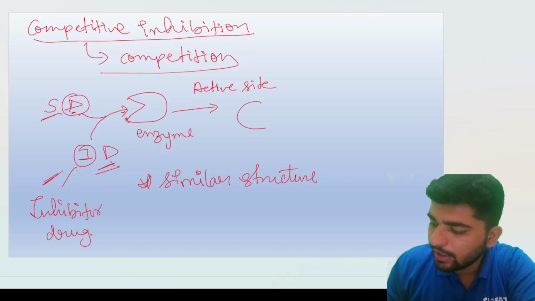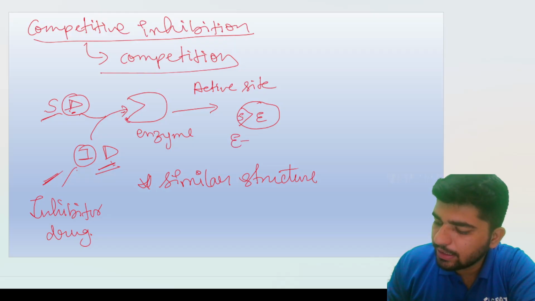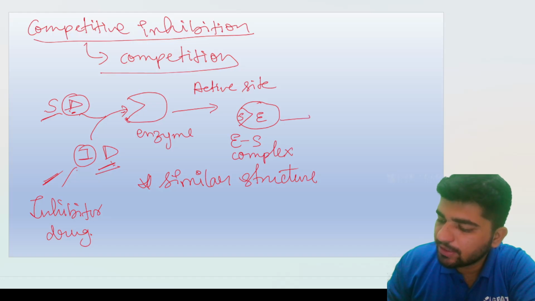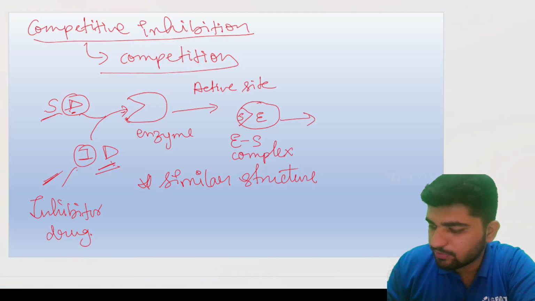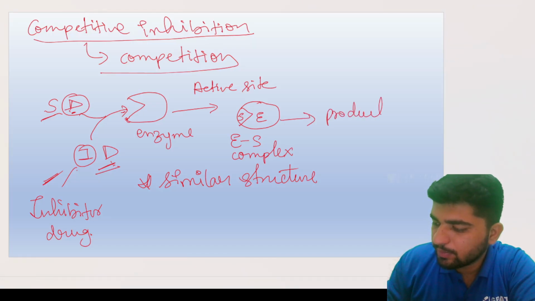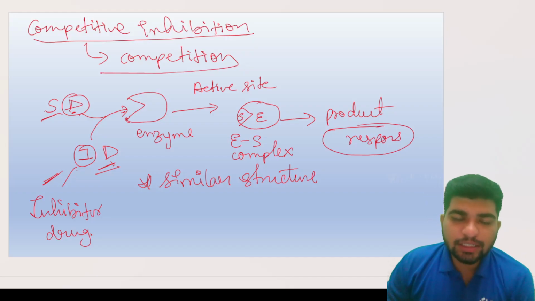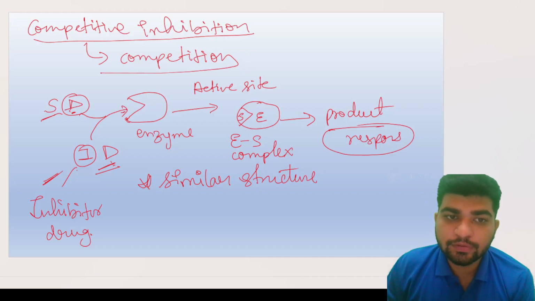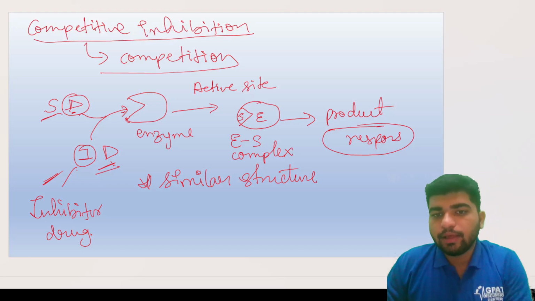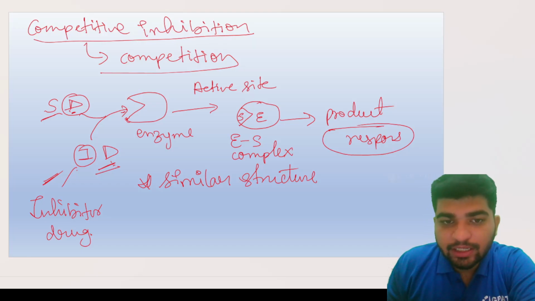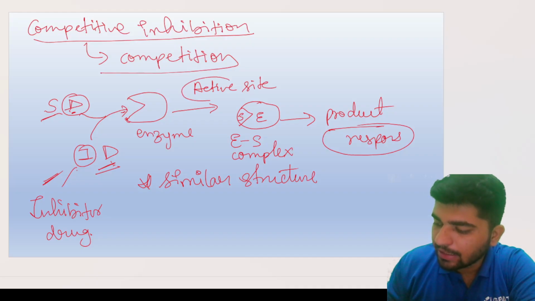There will be an enzyme-substrate complex, the ES complex, which ultimately makes a response, that is the product. Here the inhibitory drug would have a similar structure to the substrate, and it only competes for the active site.